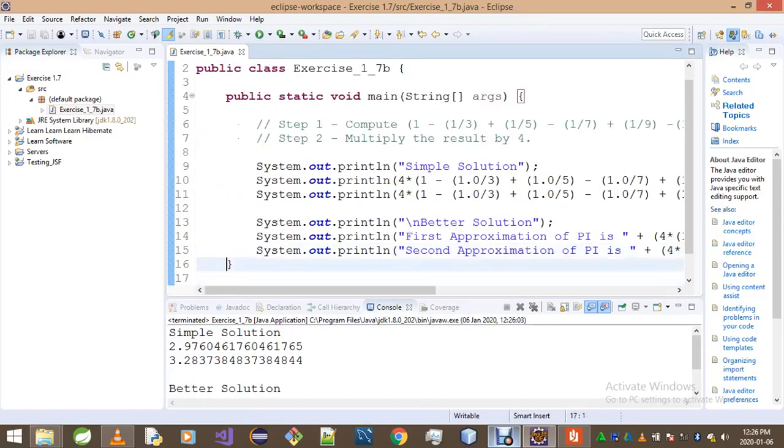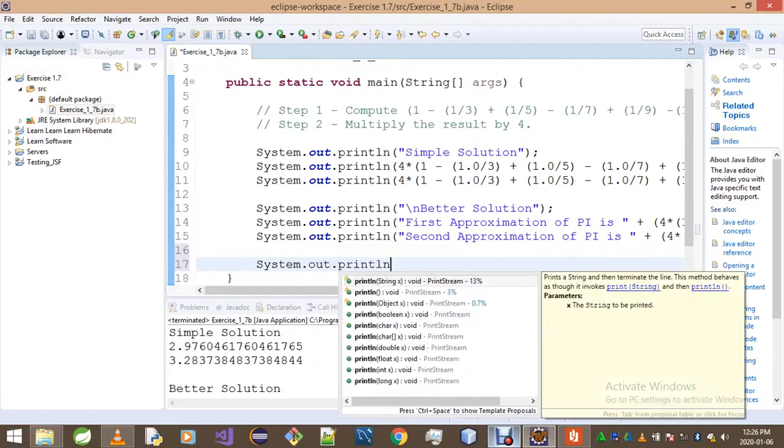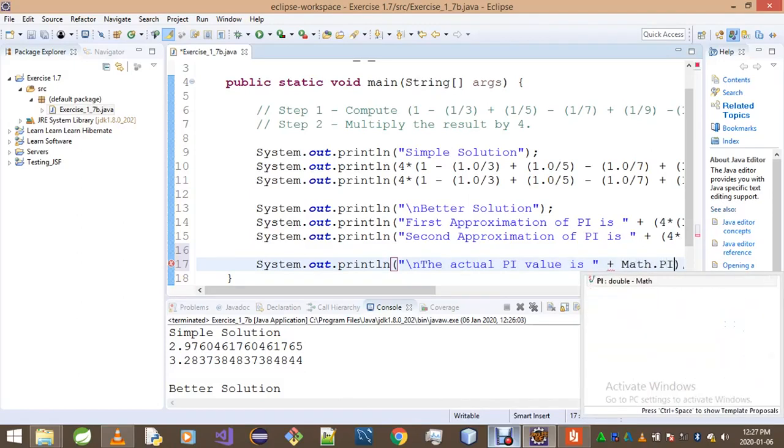Let me do this. Here, let me just go System.out.println, and before I print anything, let me go to the next line first and then say the actual pi value is Math.PI.